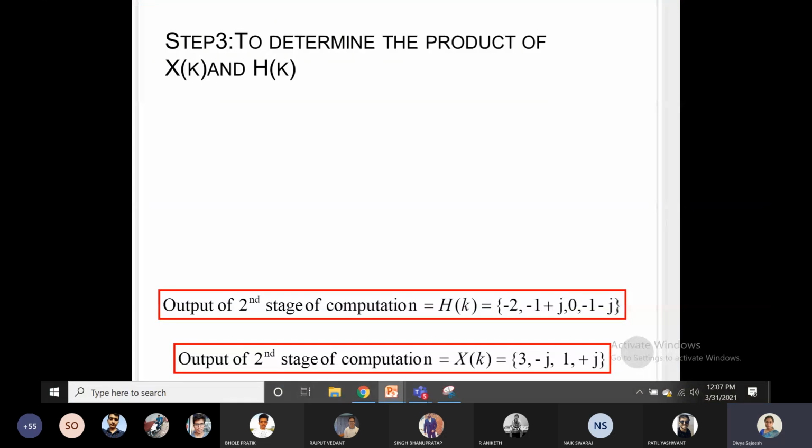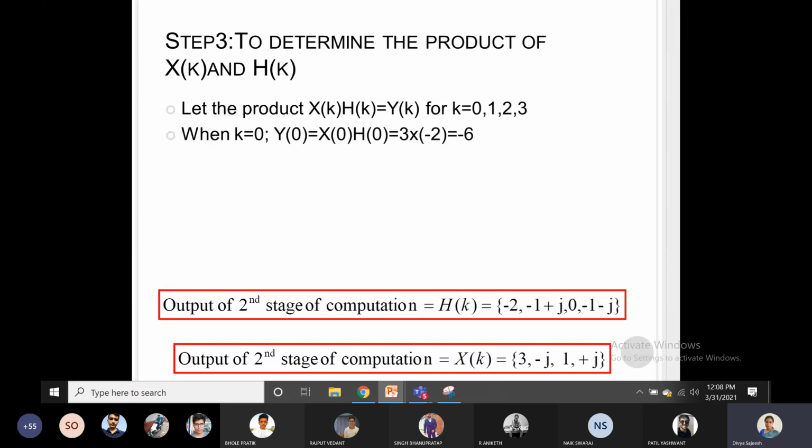So h of k and x of k you have already found out and kept. So for k equal to 0, you need to take x of 0 and h of 0, which is -2 and 3. So the product of them is -6.